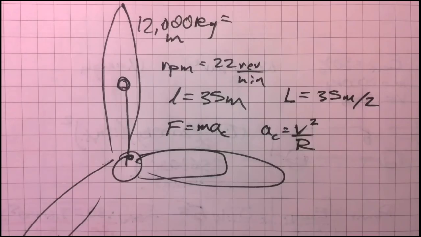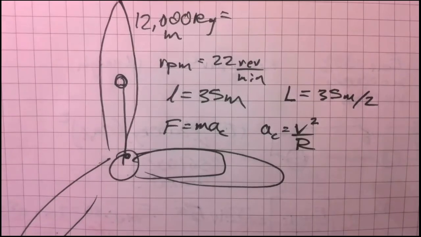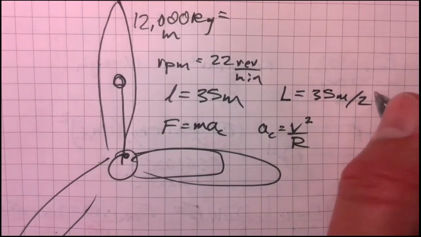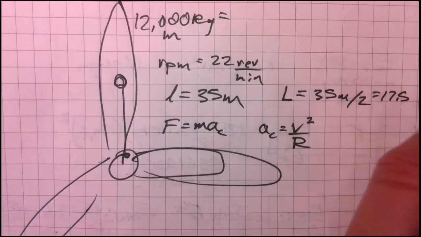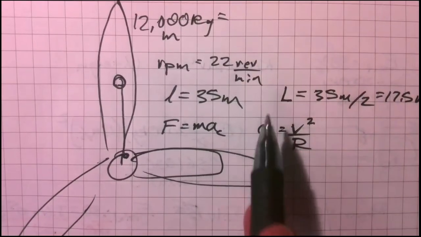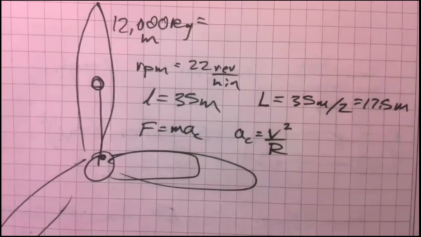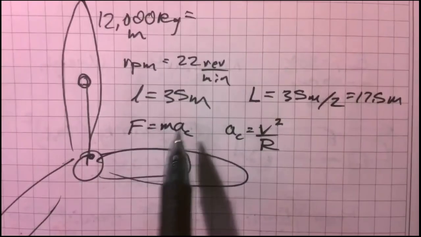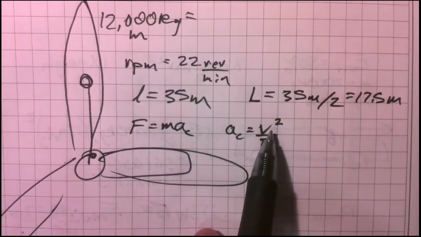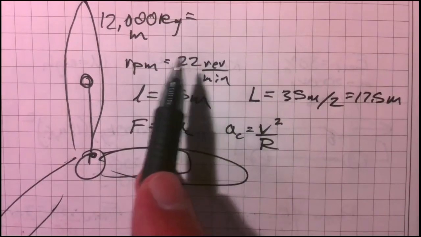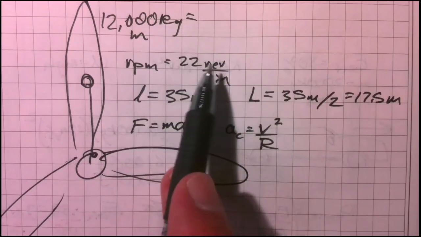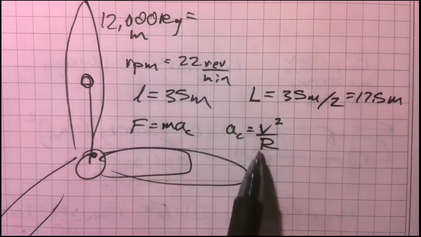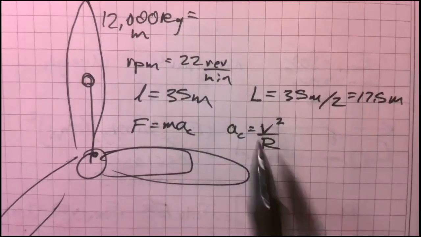So 35 divided by 2 is 17.5 meters. Now we can plug it into this formula, but we need to know what v is. We know how fast it's spinning, but we need to know what v is here.